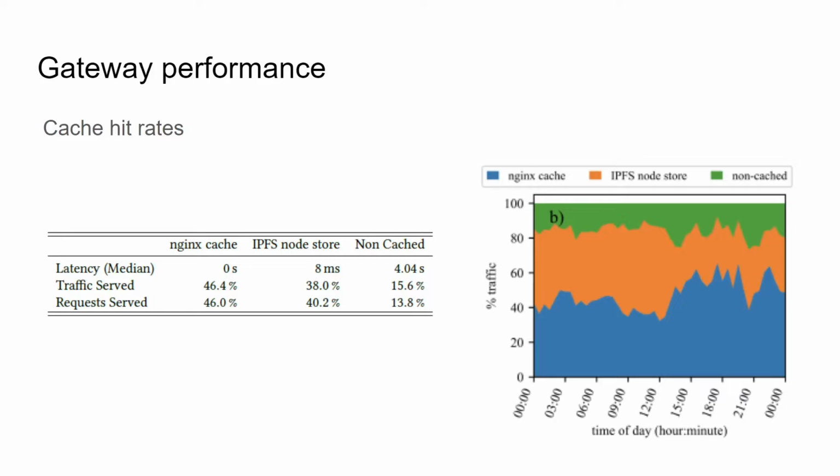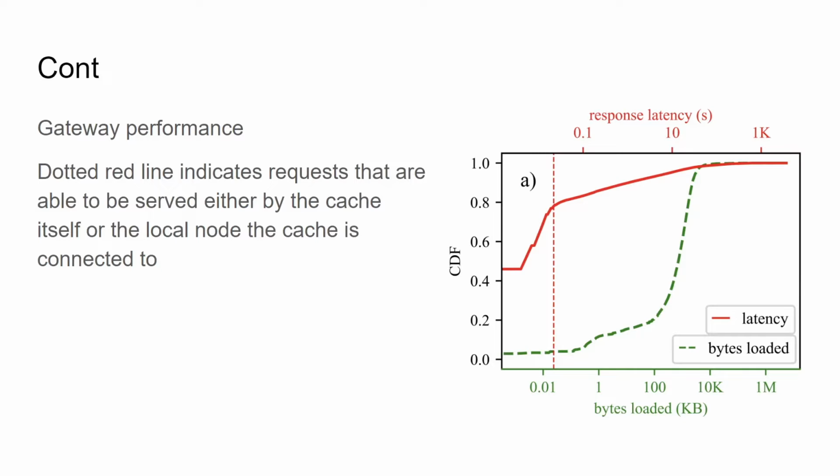Above that, requests will be served by walking through the distributed hash table, resulting in an increase in delay. Nonetheless, the use of caching in the gateway is able to reduce delay overall, regardless of the time of day.